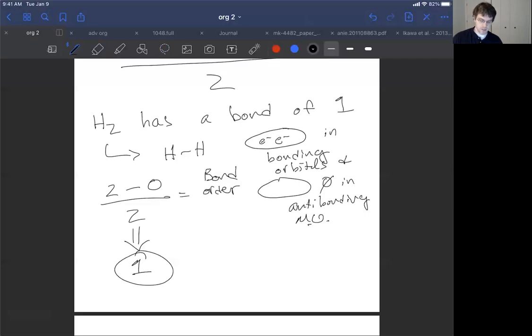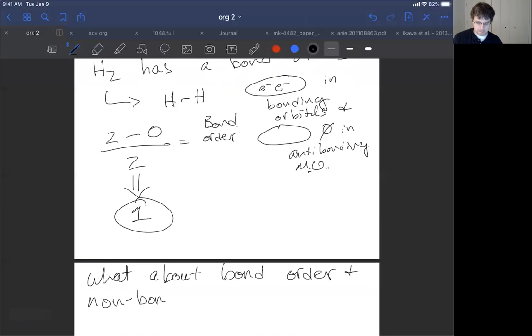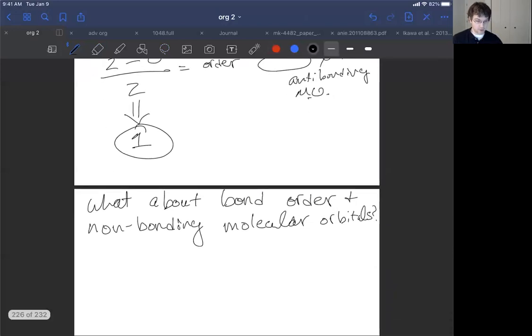Okay, so what about bond order and non-bonding molecular orbitals?